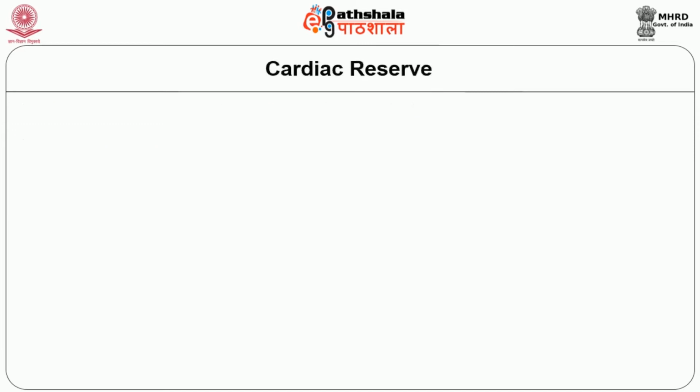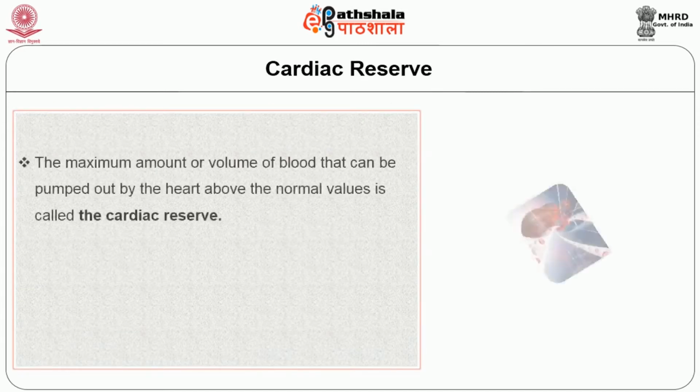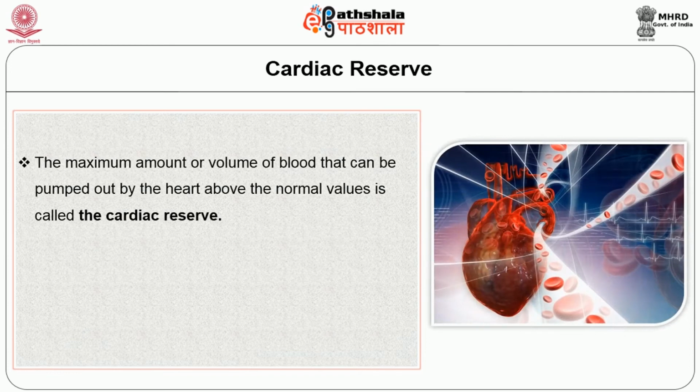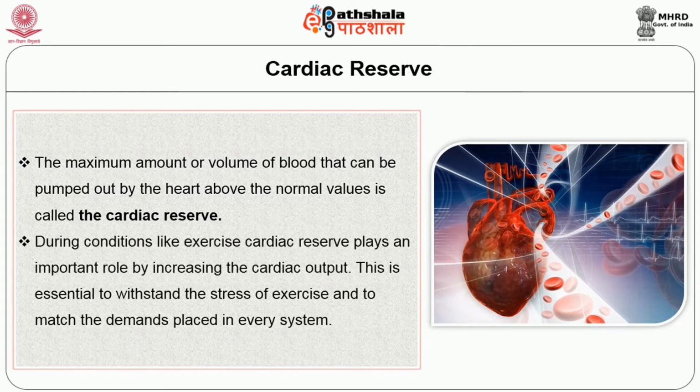What is meant by cardiac reserve? The maximum amount or volume of blood that can be pumped out by the heart above the normal value is called the cardiac reserve. During conditions like exercise, cardiac reserve plays an important role by increasing the cardiac output. This is essential to withstand the stress of exercise and to match the demands placed by every system.